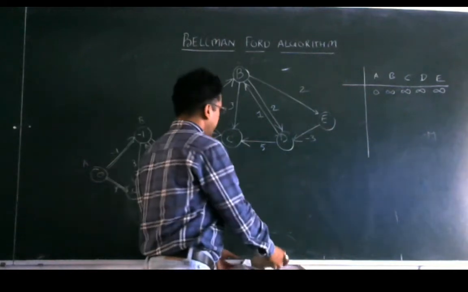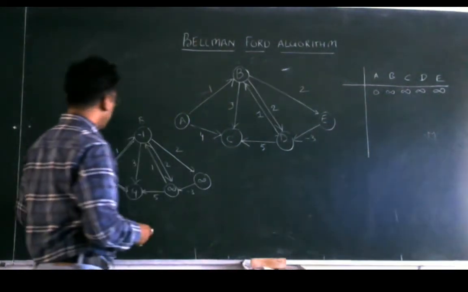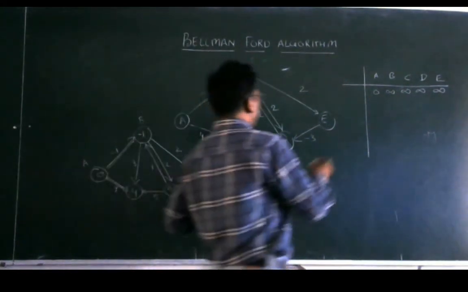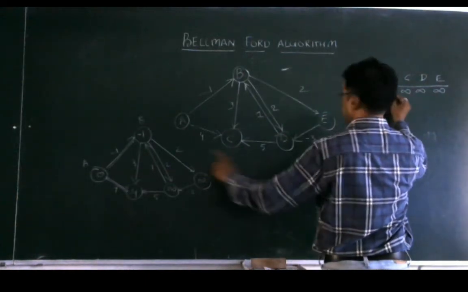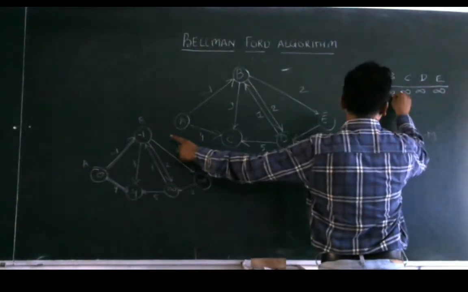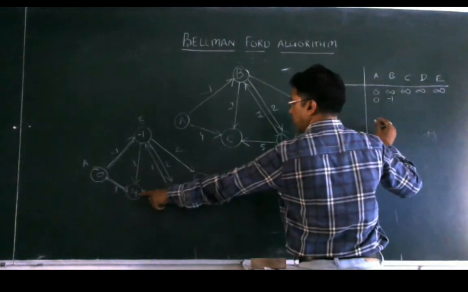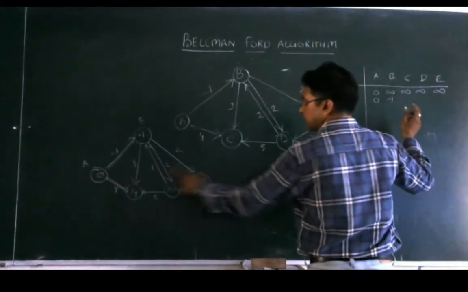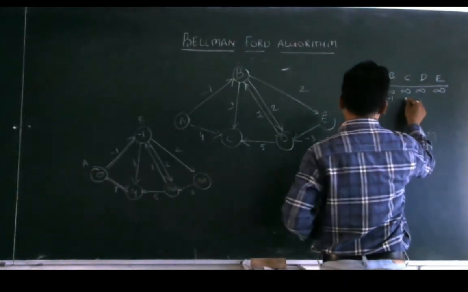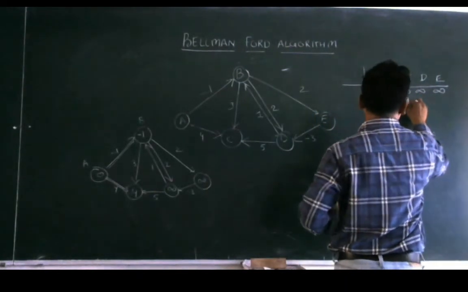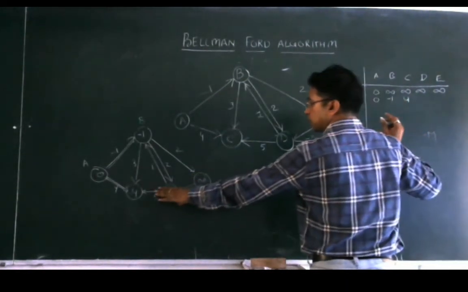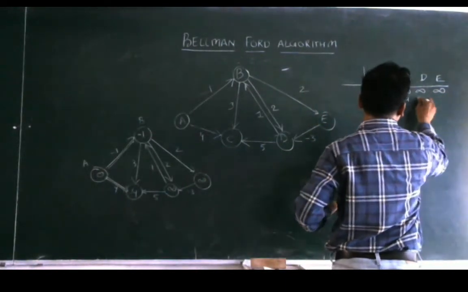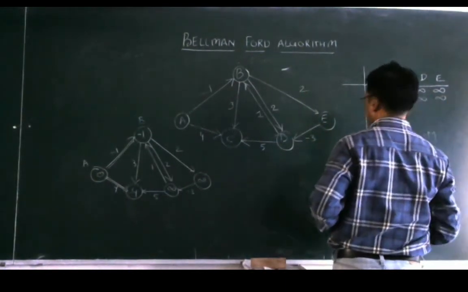So here I have relaxed 2 edges. So 0, and this value has been updated to -1 because through node A and this node at value -1, this node was C at value 4, and the rest of the nodes are not accessible through node A, so they will remain at the value infinity.